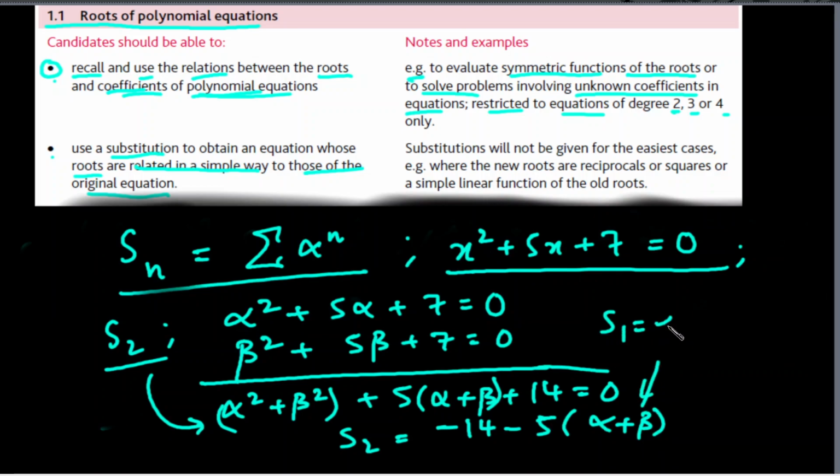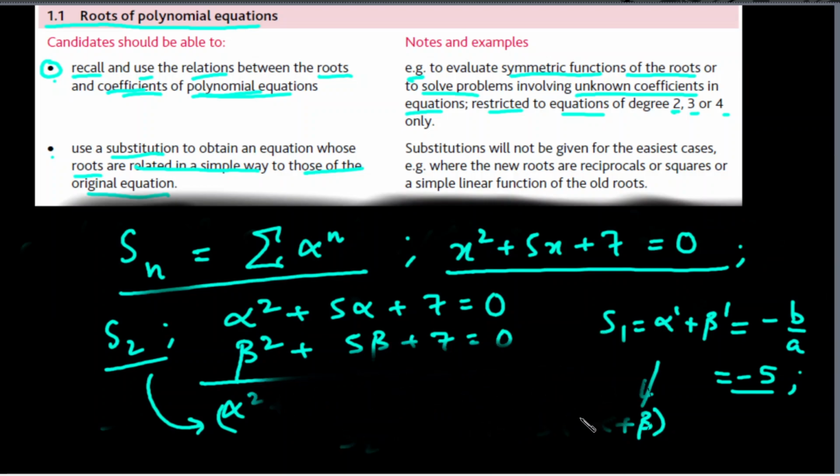S1 is just alpha to the 1 plus beta to the 1. This could be found by our initial formula, negative b over a, which is equal to negative 5 in our case. Since this is equal to negative 5, we can find a value for S2. I'll put more space here. You could probably do the calculation in your head.